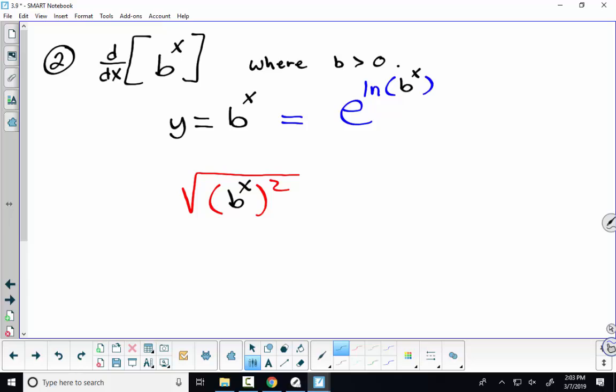Yeah, because the square root of that quantity, squared, is just the quantity. So the inverse relationship between the square root and the square is used to rewrite b to the x in a different form. But here, the inverse properties of e and ln are used to write b to the x in a different form. It's just a matter of how those functions look.